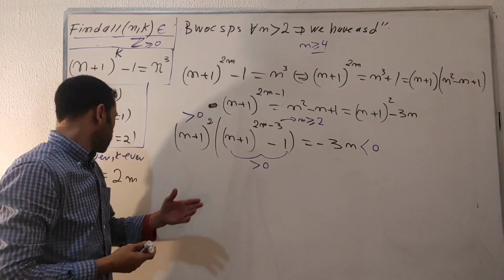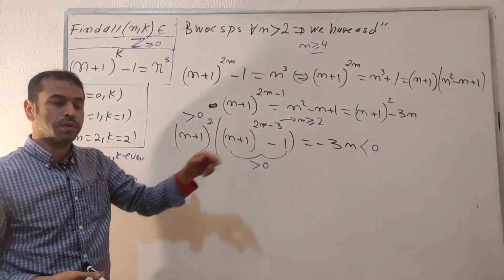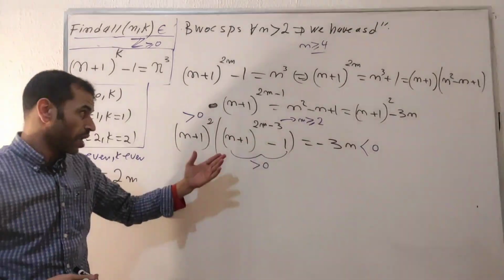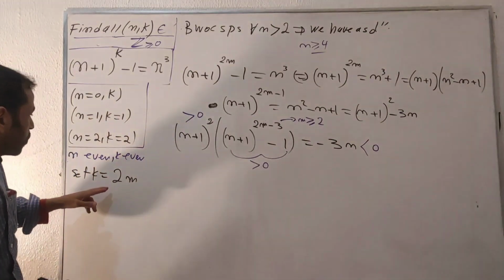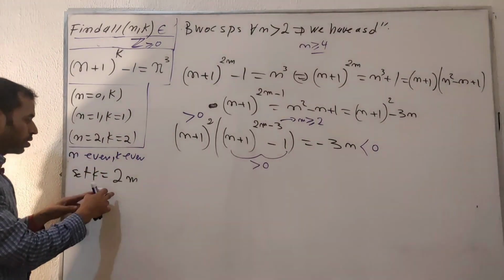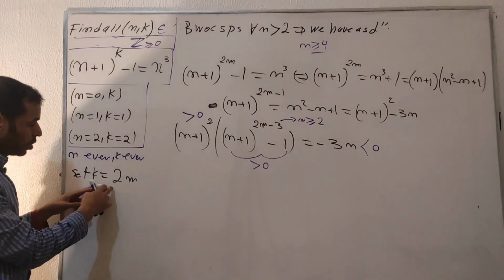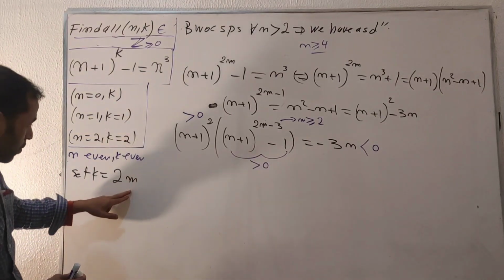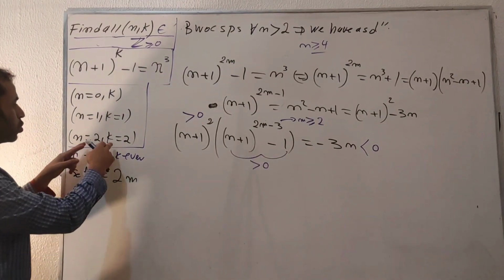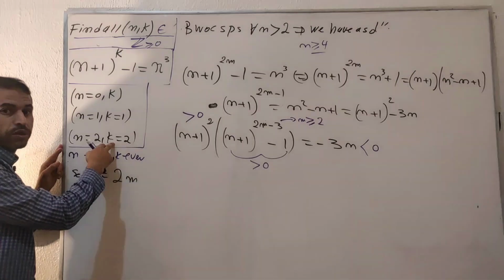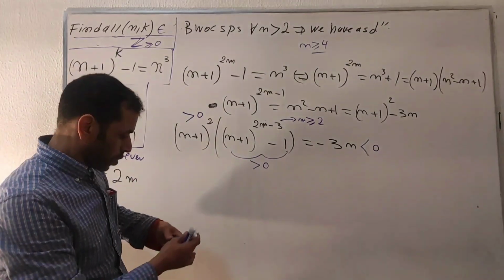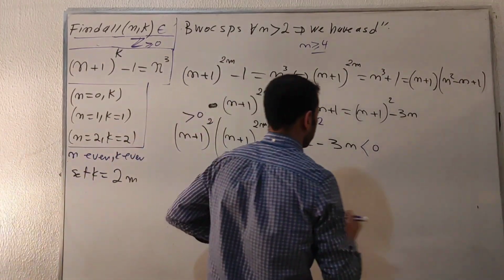Okay, so you might say, what about if m equals 1? If m equals 1 it is not a contradiction because it's a family of the solution that we have previously found. If you replace m with 1, we get k equals 2, which we have as a family of the solution here. Okay, so now we found a contradiction.